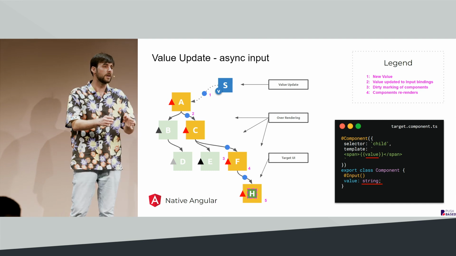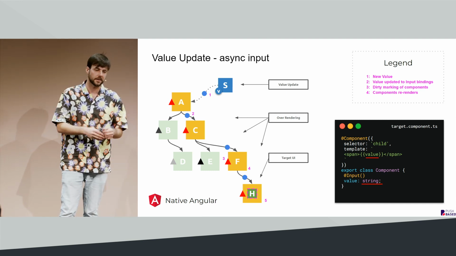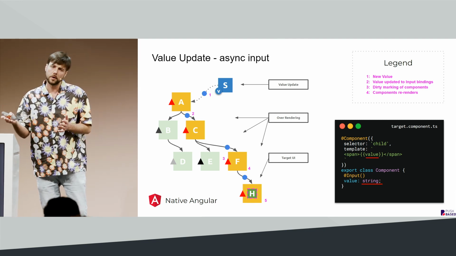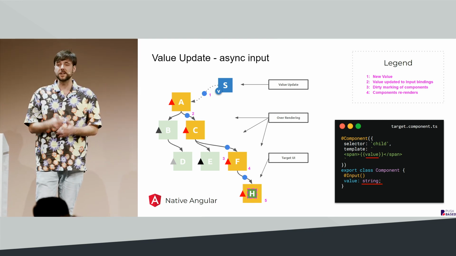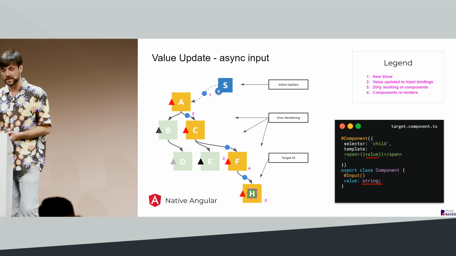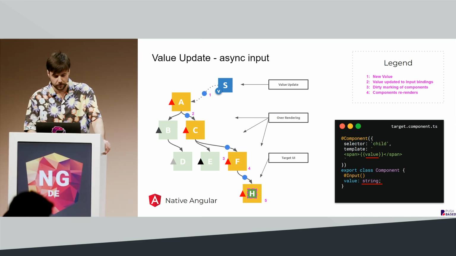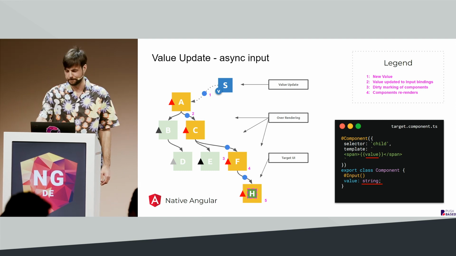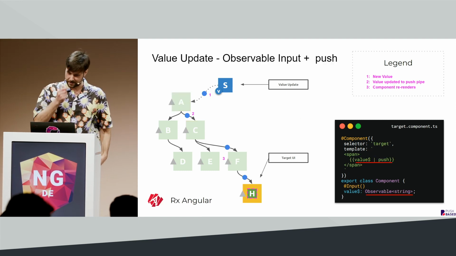Everything that is yellow is unnecessary change detection, unnecessarily executed, and will take away time, or to be more specific, user experience from your users. And I guess what we all want is to get love from our users. So this is very bad for getting love from our users.